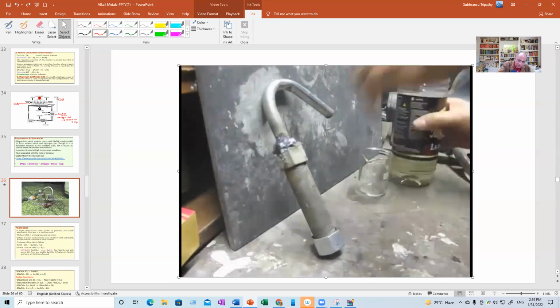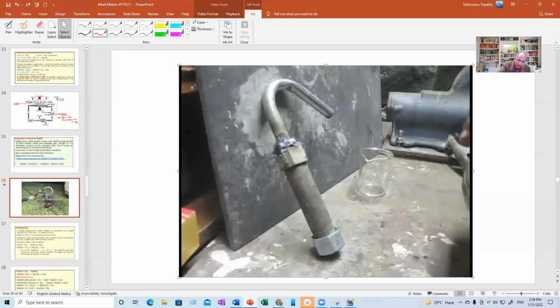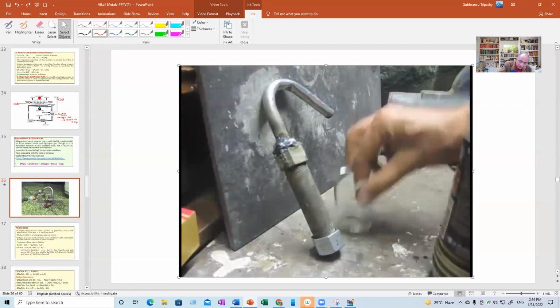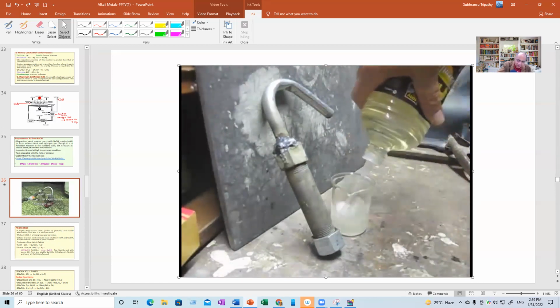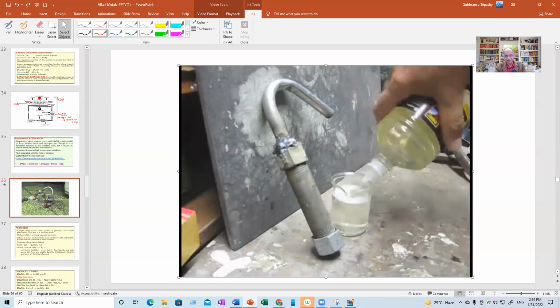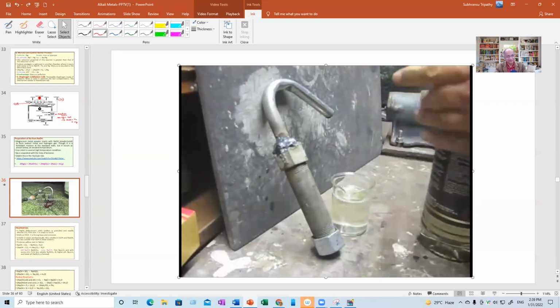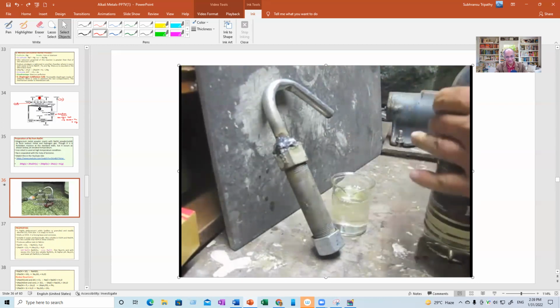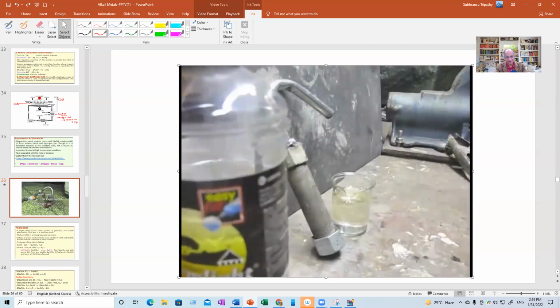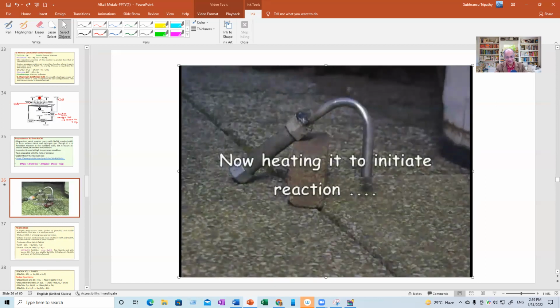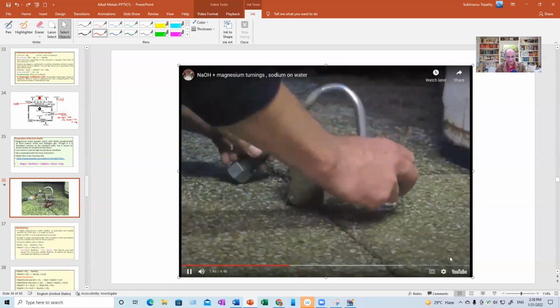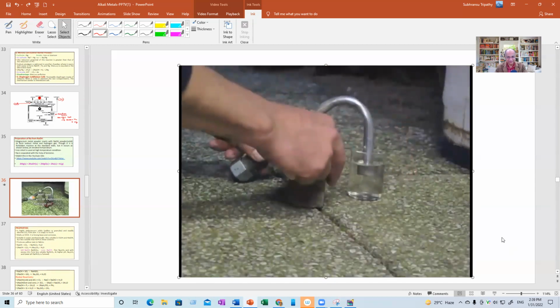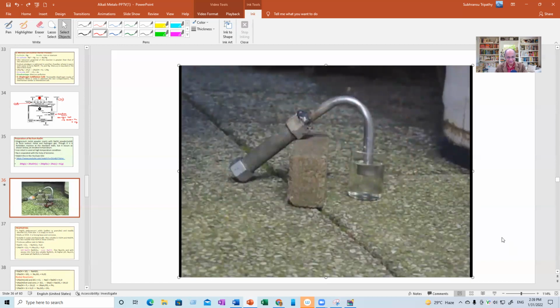Now I'll put some lamp oil into the beaker. This is now placed on a brick. This is the lamp oil, so put the lamp oil on. Now turn it on.